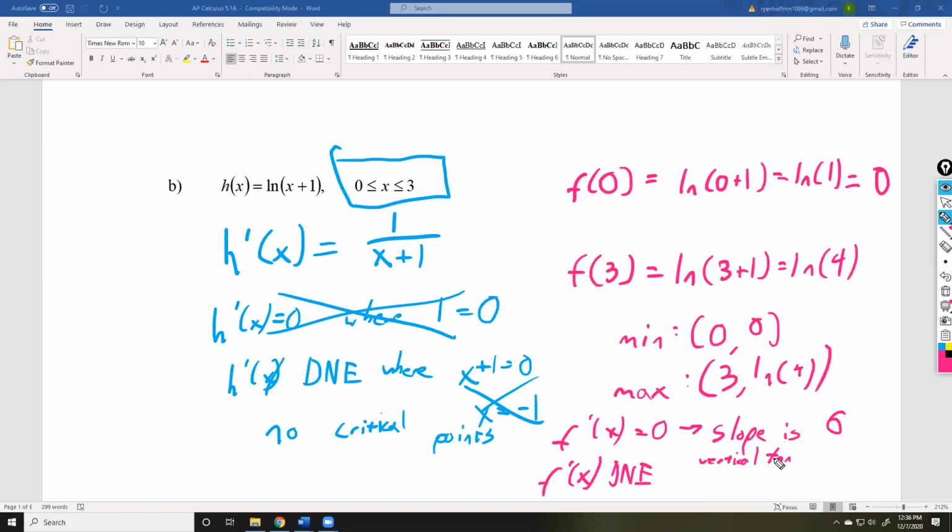It could mean that we have a corner or cusp, in which case that could mean that we're changing directions as well. So eventually we're going to look for not just where f prime is 0 or does not exist, but does it change directions? And that's what we'll talk about more on Wednesday.